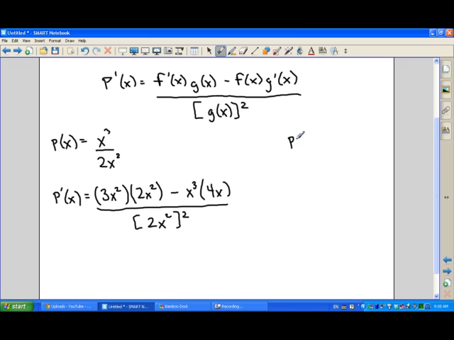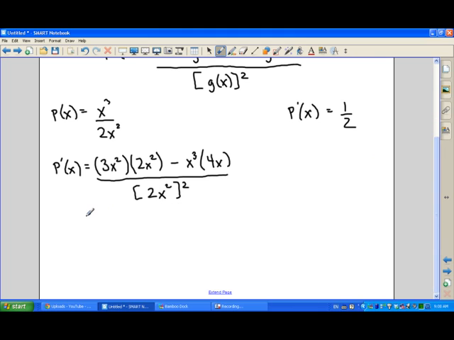We know from our previous example that p prime of x should equal 1/2. So I need to manipulate this to make this true. So I'm going to expand everything in the top and simplify. I get 6x to the 4th minus 4x to the 4th all over 4x to the 4th.